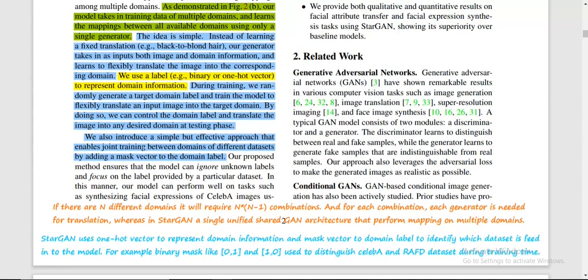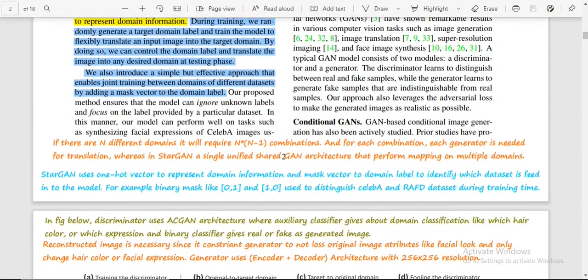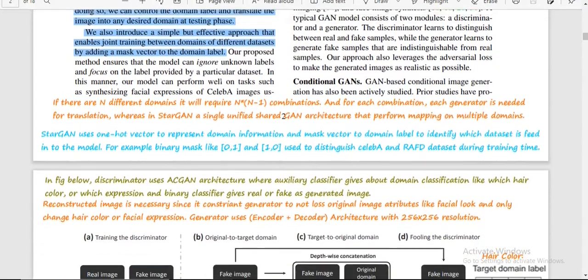Then they add the mask vector to the domain label, and that's the simple idea. They say that is an effective approach on these tasks. So it seems like an interesting work.